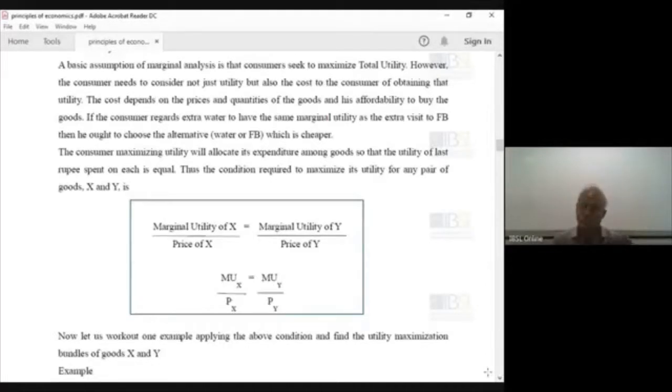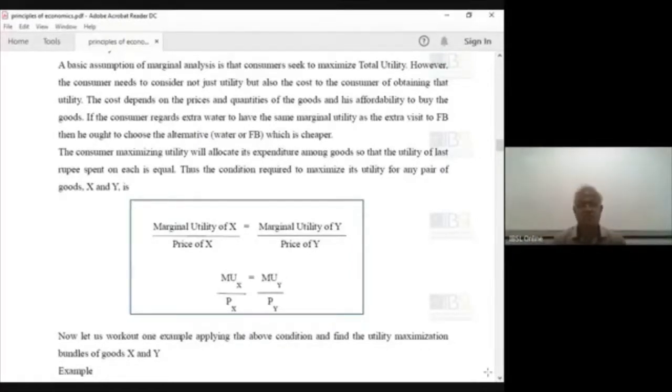If you spend a rupee on bread, how much marginal utility can you get? If you spend a rupee on apple, how much marginal utility can you get? At the utility maximizing combination, if you spend a rupee on bread or a rupee on apple, you are getting the same marginal utility. You will not deviate. At that point, you maximize utility.